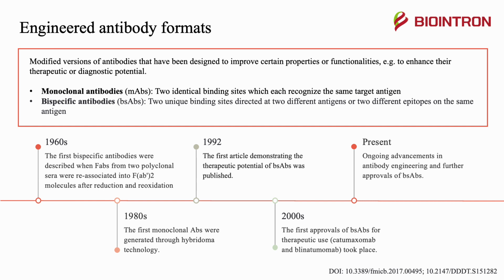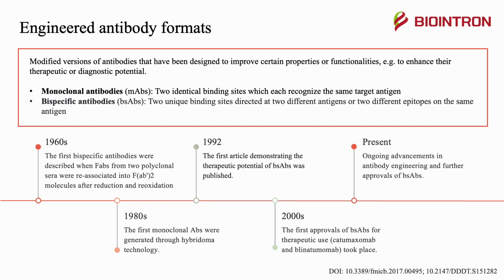The first bispecific antibodies were described in the 1960s when antigen binding fragments from two different polyclonal sera were reassociated into bispecific molecules after reduction and reoxidation. In the 1980s, the first monoclonal antibodies were generated through hybridoma technology.